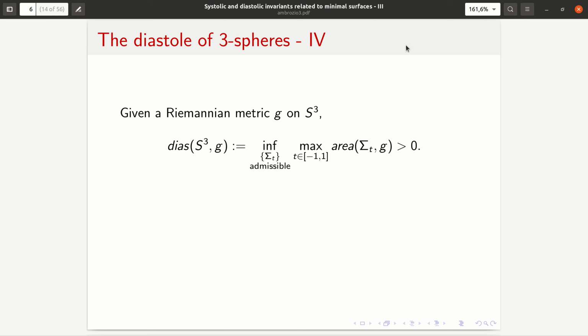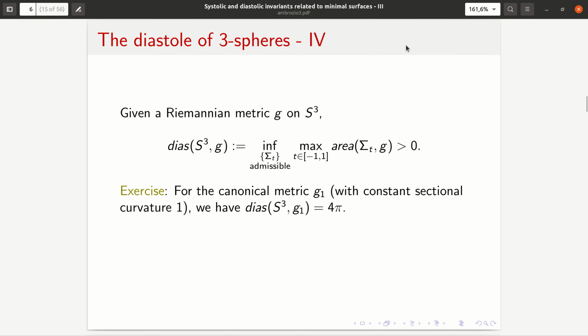So using this isoperimetric idea, I will leave you another exercise, which is to compute the diastole of S3 with the canonical metric. And as you will see, the answer is 4 pi, which is the area of the equator.